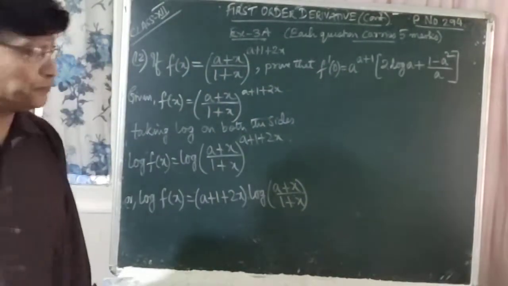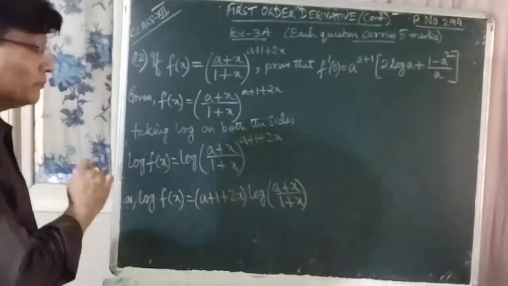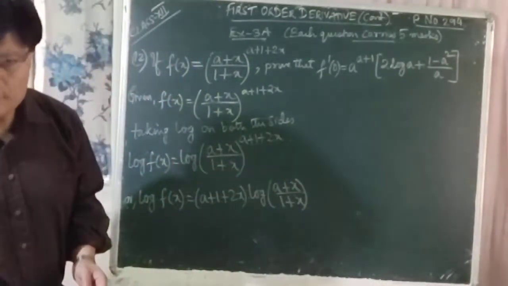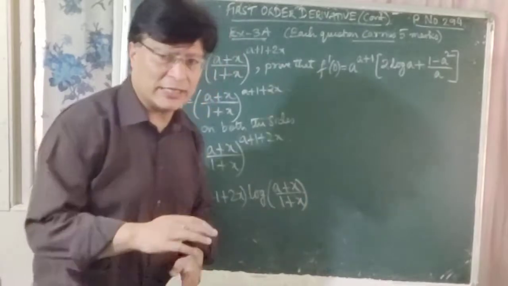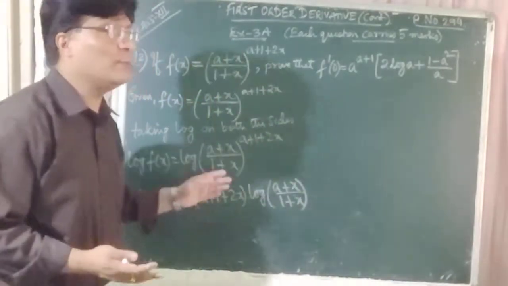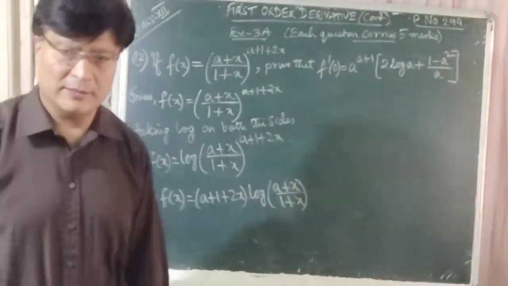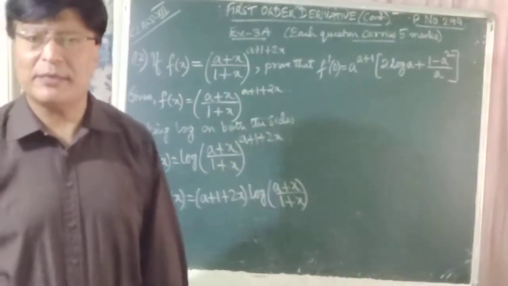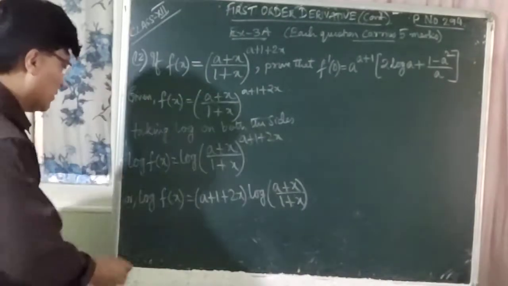Is that clear now? So now let us use the properties of logarithm here also. So if you take the properties of logarithm here and if you differentiate it, it will be easier for you to simplify. Okay. So now this is in the form log of a by b. What is log of a by b? It is log a minus log b, right?